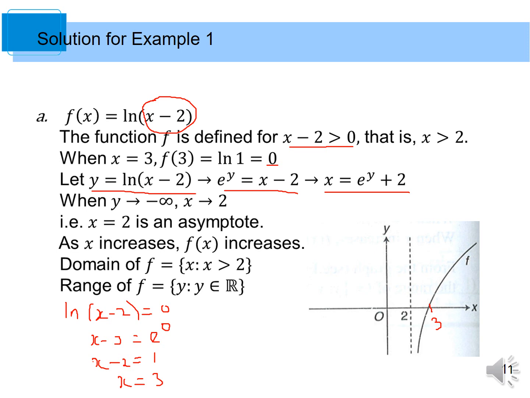Now I obtain the x equation: x equals exponent y plus 2. The asymptote line is when y tends to negative infinity, x tends to 2.